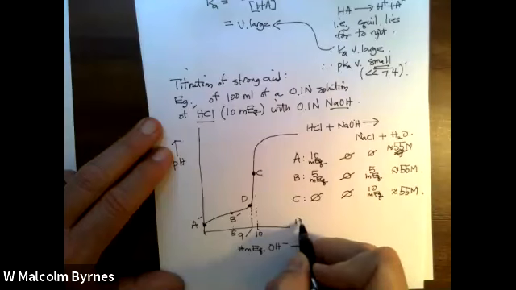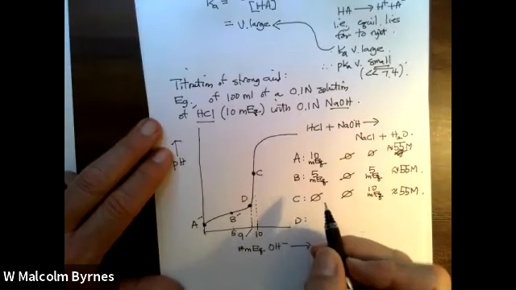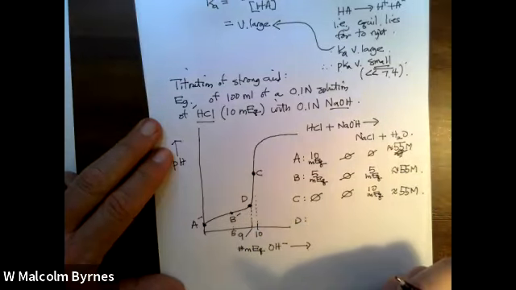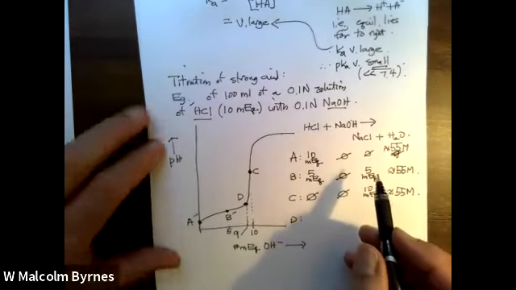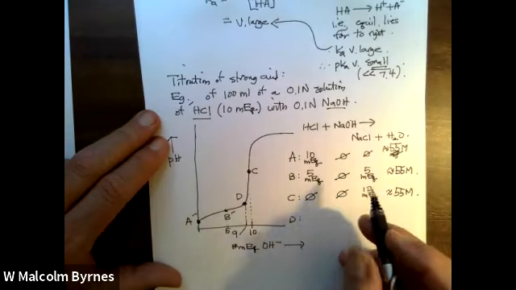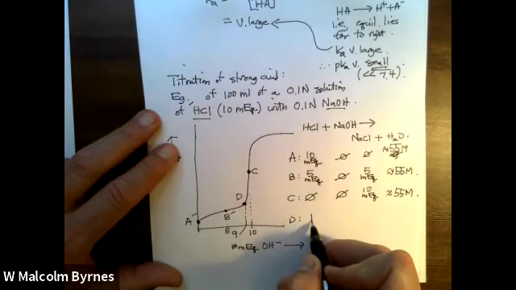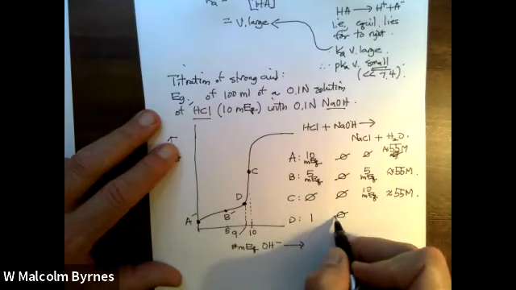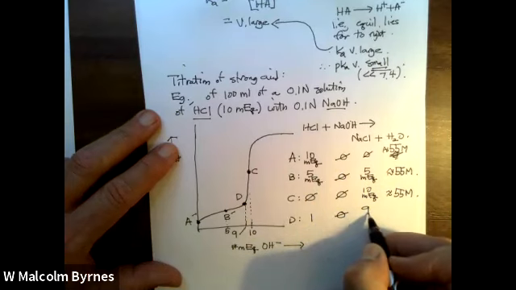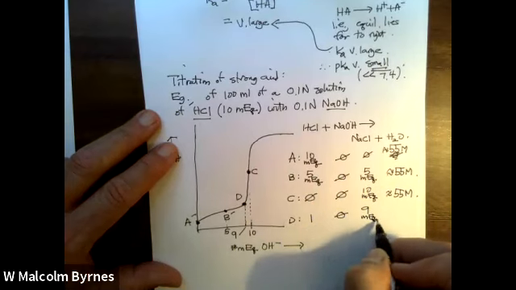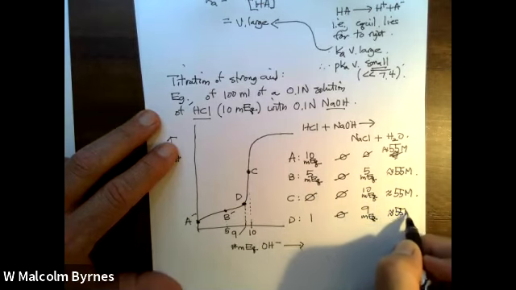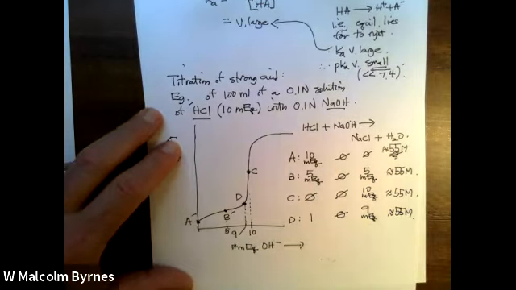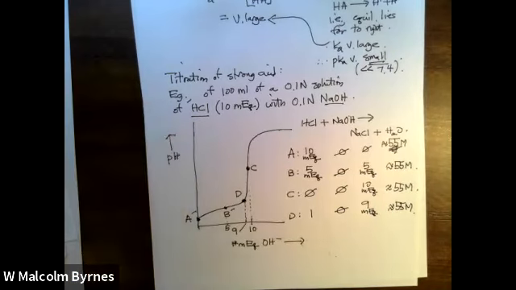And then finally, at point D, we'll add 9 milliequivalents, 90 milliliters of the sodium hydroxide solution, which corresponds to 9 milliequivalents. So we'll have 1 of the acid left, and we'll have 9 milliequivalents of salt and 55 molar water.